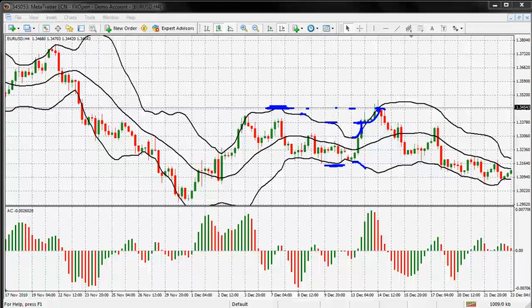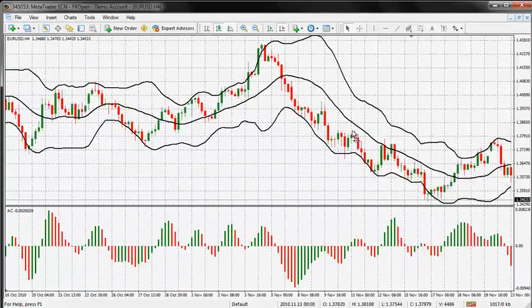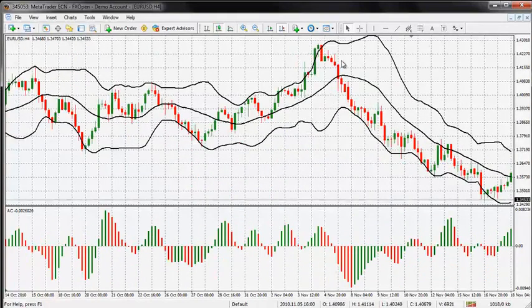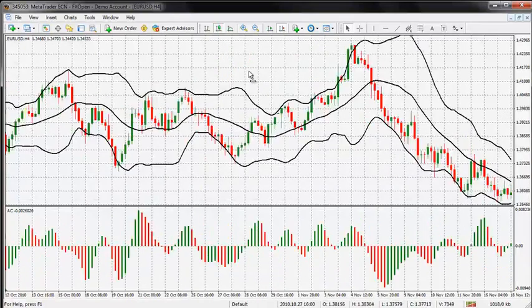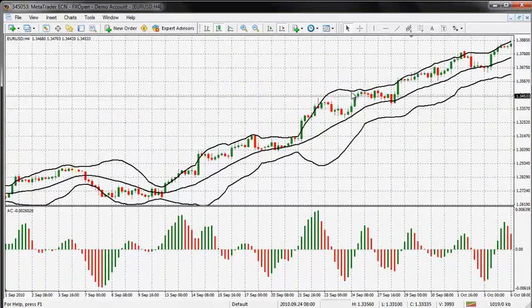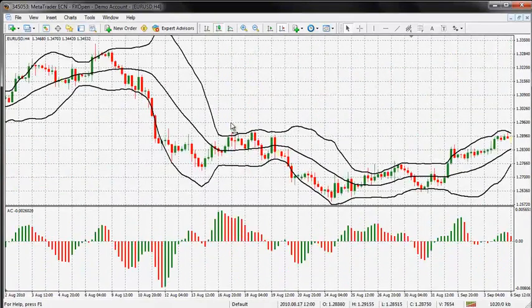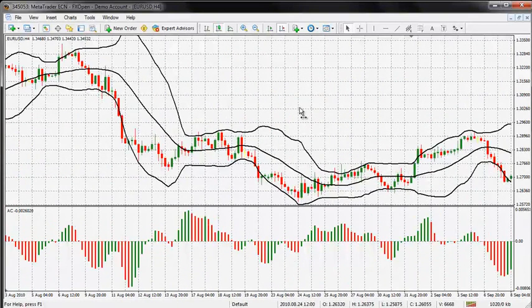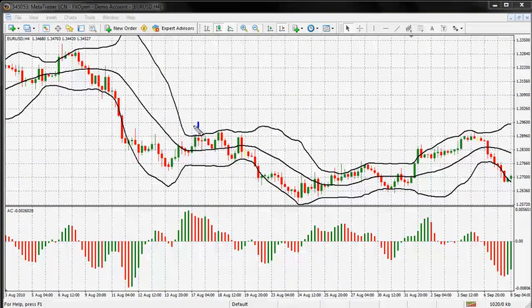Alright, let's see if we can show you another one, just so you can get the general idea. Alright, let's do a short trade. Let's see if we can find a short trade where the market basically, there we go. Alright, so the market's gone sideways and then it's broken. You might say, oh hey Loz, here's one here.